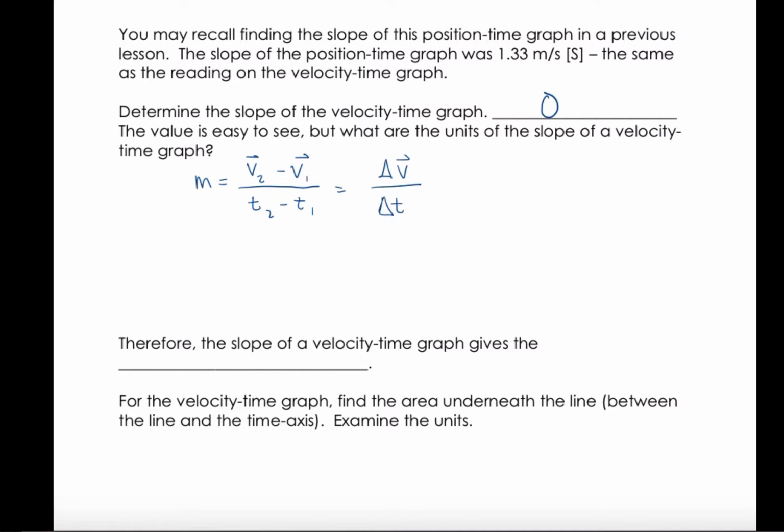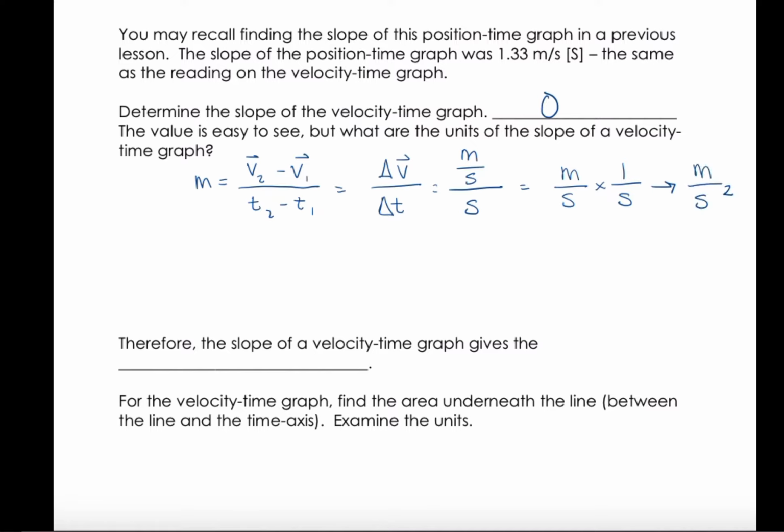If there was a slope, that would be the equation we would use. Breaking it down into units, the units for velocity are meters per second divided by seconds. That is meters over seconds times 1 over seconds, and when multiplied through, you get meters per second squared.